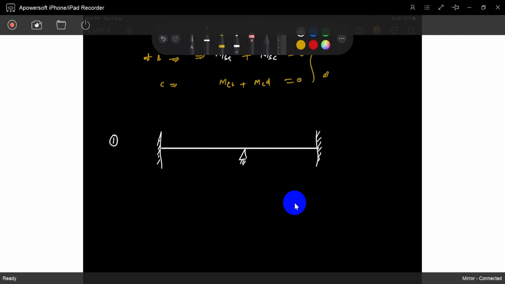This is a joint. It's 20 kilonewton per meter. It's 40 kilonewtons. It's 2 meters, 2 meters, 6 meters.